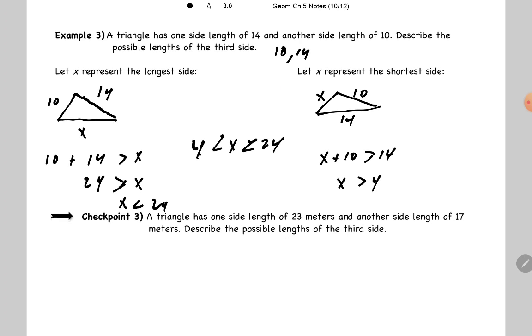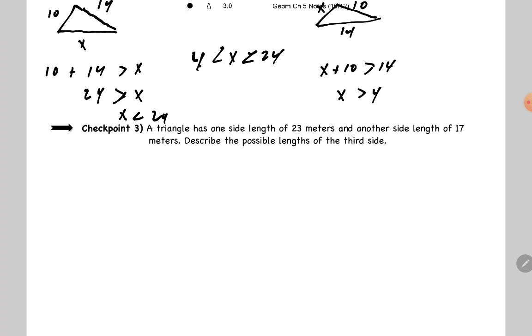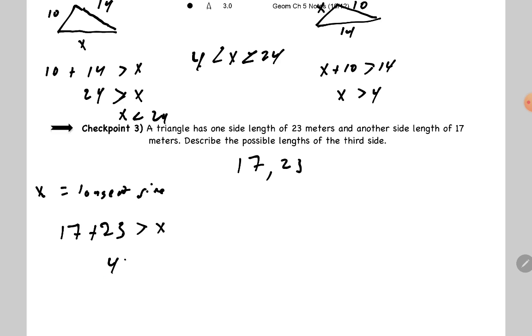Okay. A triangle has one side length of 23 and another of 17. So we have 17 and 23. If we let X be the longest side, then 17 plus 23 needs to be bigger than X. So X is less than 40.